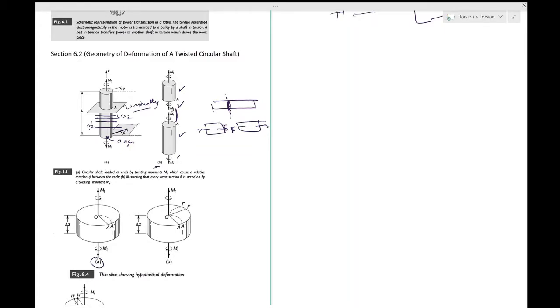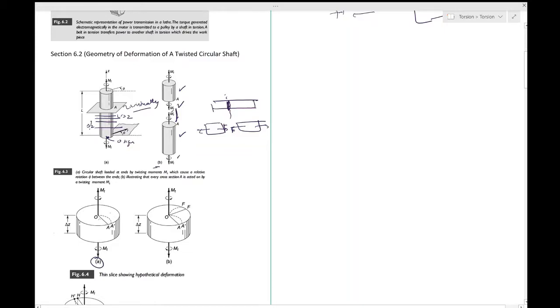Furthermore, these curved lines must all lie in a plane. That is, the ends of the slice remain plane during the deformation. Since the line, originally line OA, lies on the plane, OA dash will also lie on the same plane.